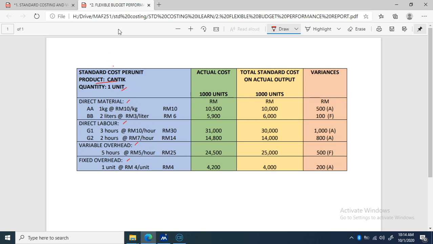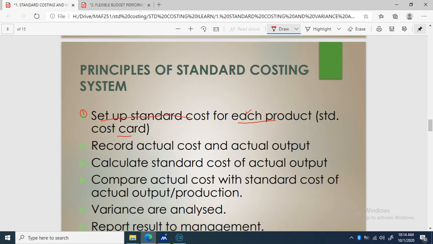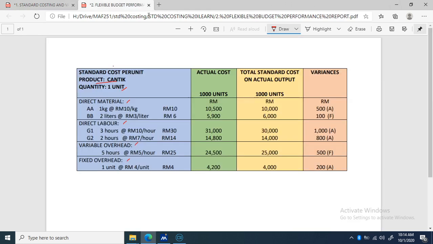Okay, and then the next step is to record the actual cost and actual output. So this is the second step. At the end of the period, when you produce the product, you record your actual output. 1,000 units is your actual output.